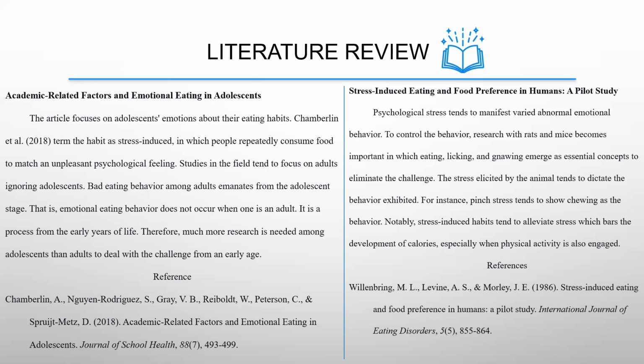In this article, it talked about psychological stress and how it can produce multiple behavior abnormalities, including overeating. This article talks about a study using rats and humans and how their eating habits change when they are stressed.